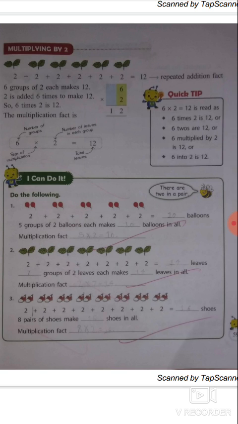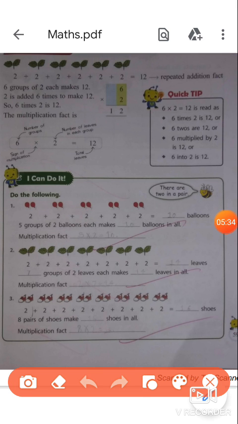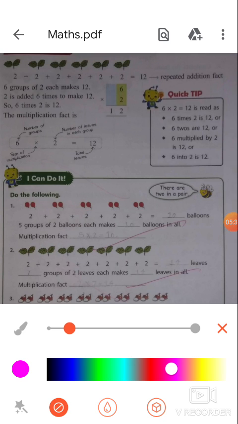It means 2 is added 6 times, then we get 12. This is repeated addition. Now students, 6 groups of 2 each makes 12. So 2 is added 6 times to make 12.